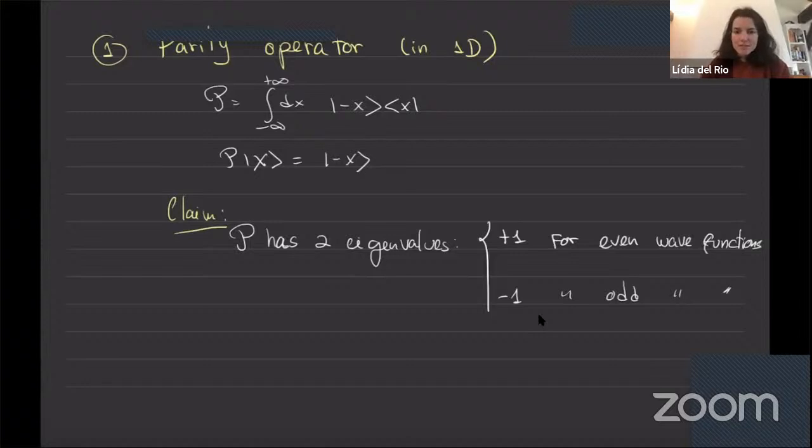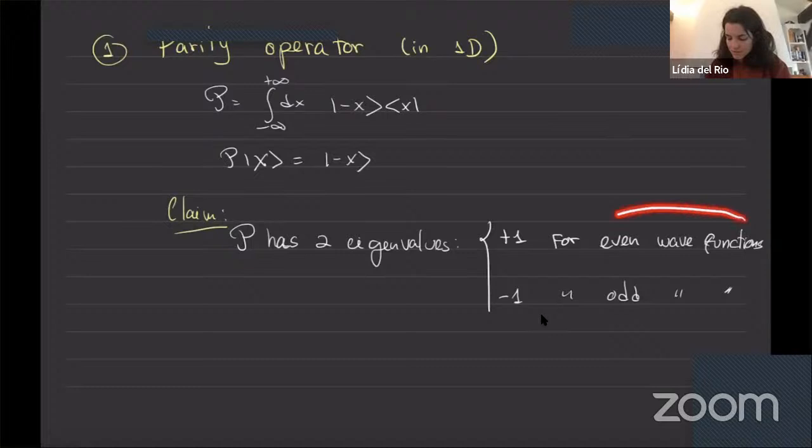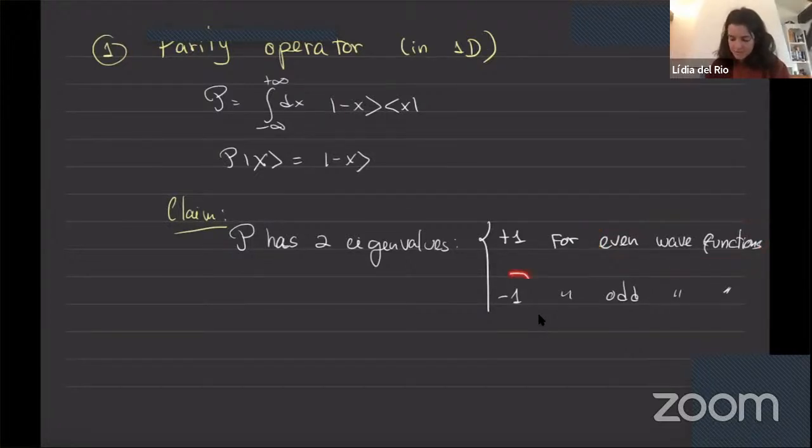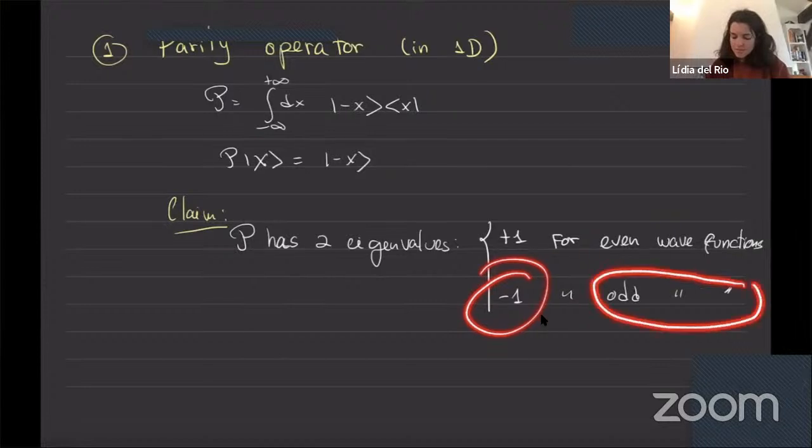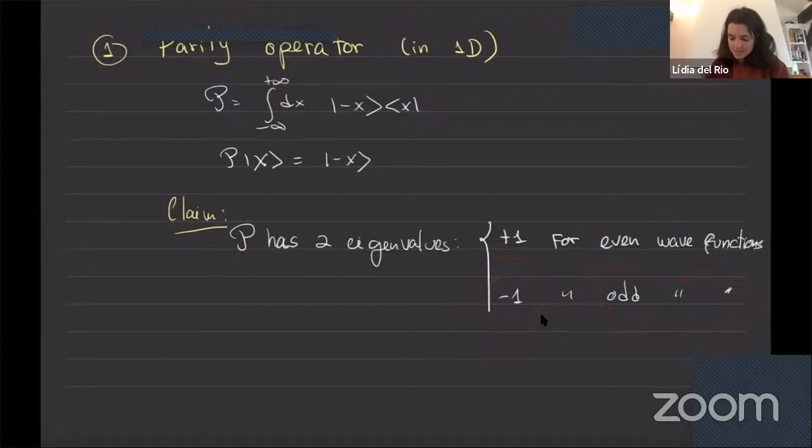So let me just write here what the claim is. The claim is that this operator only has 2 eigenvalues, which are +1, for which the eigenstates are all the even wave functions, which we'll get into, and -1, for which they're all odd wave functions. And other functions that are neither even nor odd are not eigenstates of this operator.